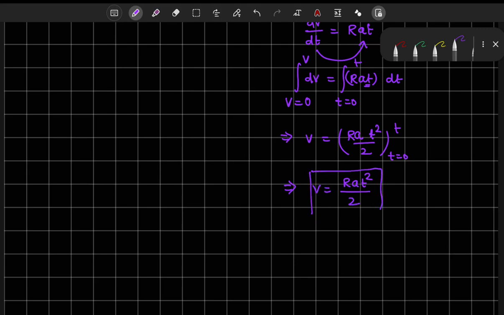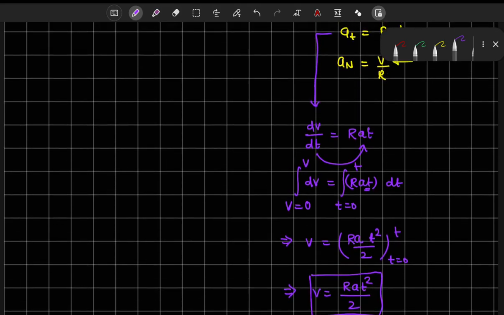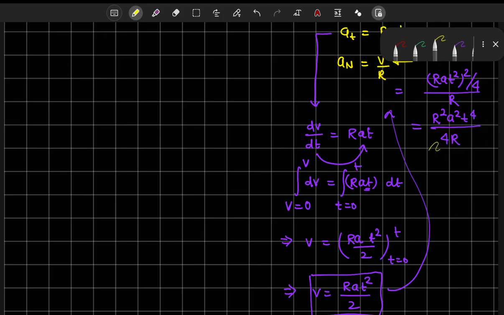This is the expression of velocity we got. Now let us find the value of normal acceleration. For that we write a_n equals (r a t square by 2) whole square divided by r, which gives r square a square t to the power 4 divided by 4r. r will get cancelled and we get a_n equals r a square t to the power 4 divided by 4.